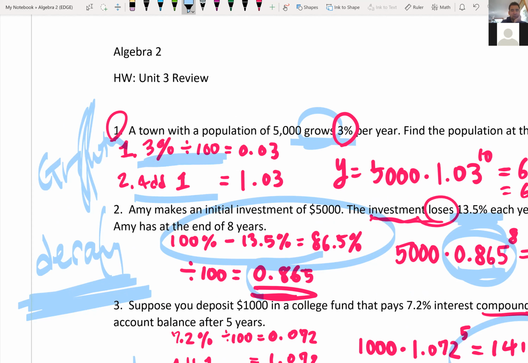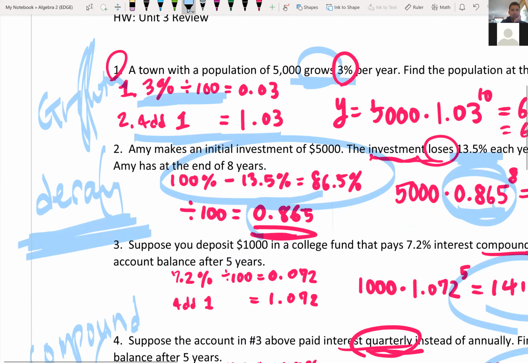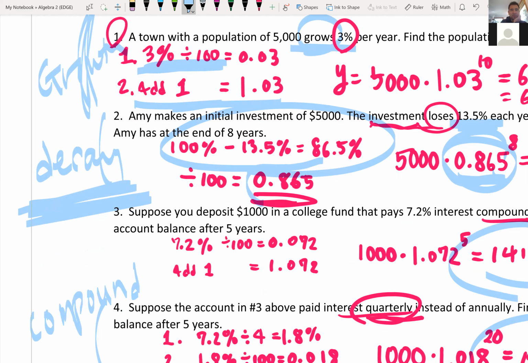And then you add 1. That's the growth. If it's a decay problem, you have to subtract the percentage from 100 to get the rate of retention, and then you divide by 100 to convert into decimal form. Okay, that's growth and decay.